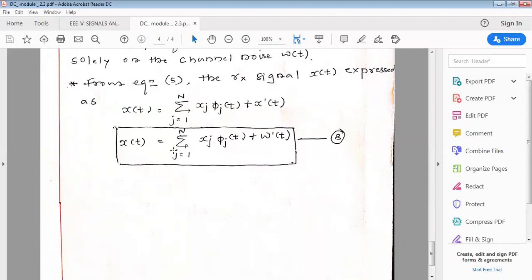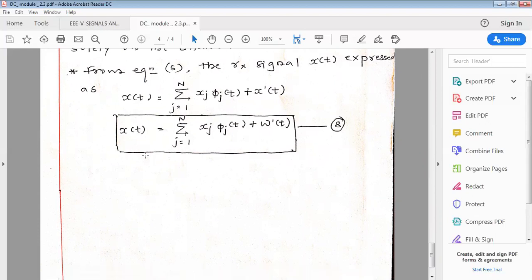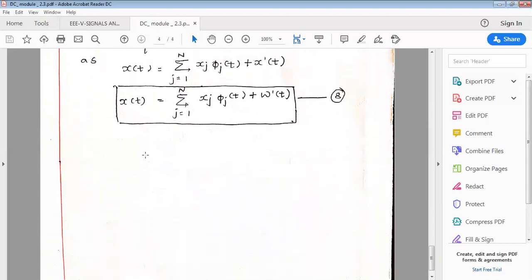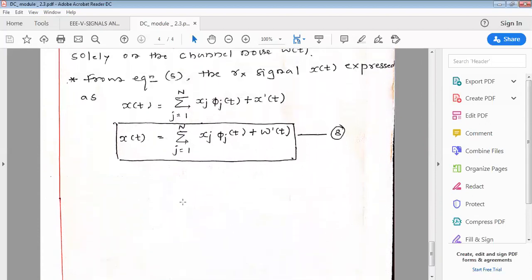So here we expressed the output of the AWGN channel, that is x of t, which is continuous, in terms of the vector, where xj is the vector corresponding to x of t. So this is the discussion about the conversion of the continuous AWGN channel into the discrete or vector channel.